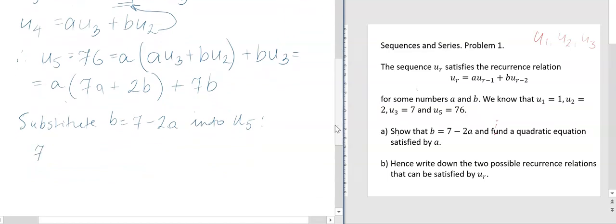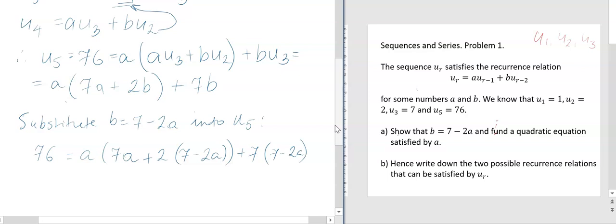This gives us 76 equals A times (7A plus 2 times (7 minus 2A)) plus 7 times (7 minus 2A).